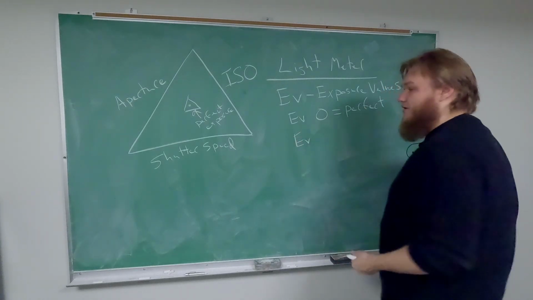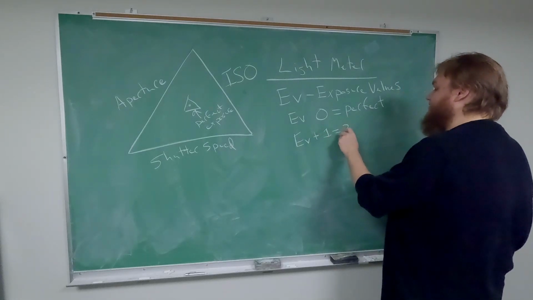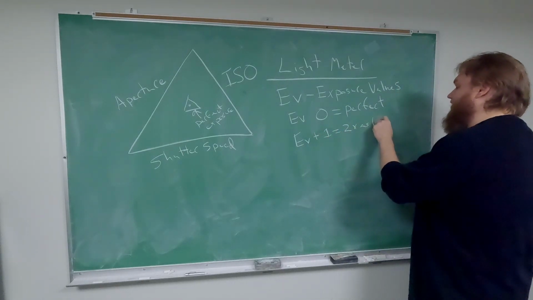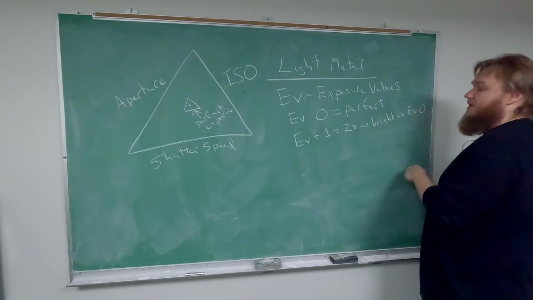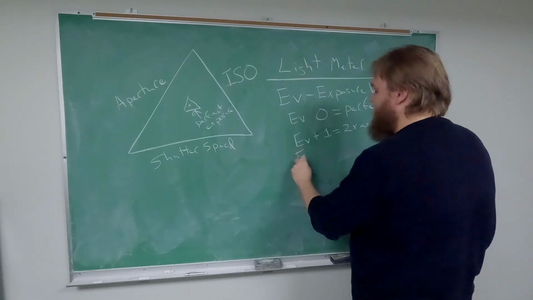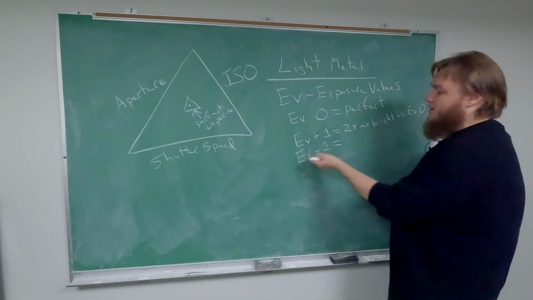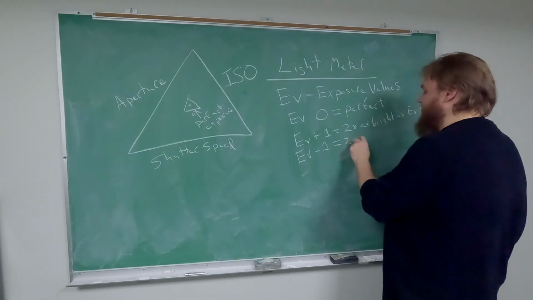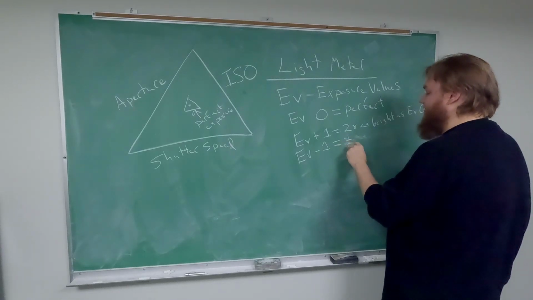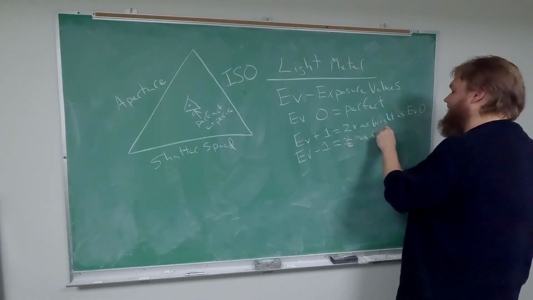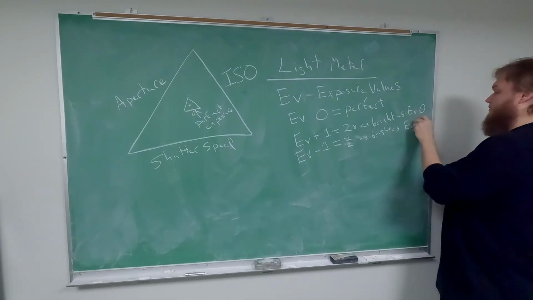We then, from there, can go up or down. So an EV of +1 is 2 times as bright as an EV of 0, and in the opposite direction, if we have EV -1, it is half as bright as EV 0.